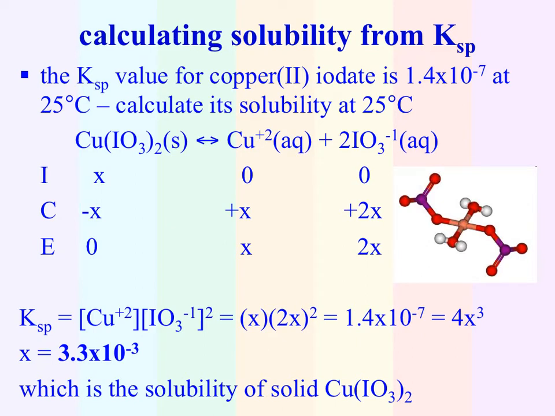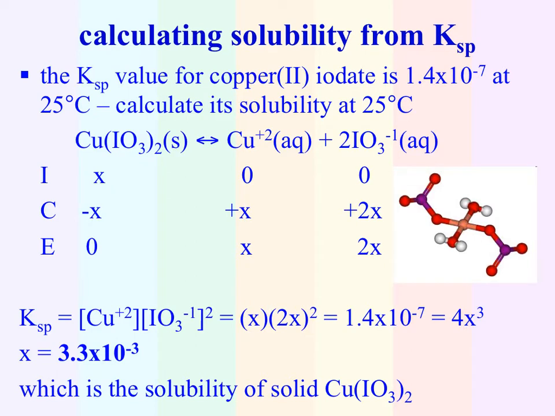We solve for x, and we end up with 4x³ being equal to 1.4 × 10⁻⁷. Okay, divide out that 4 and take the cube root, and our x value is subsequently 3.3 × 10⁻³. And that is the corresponding value for our solubility of copper 2 iodate.